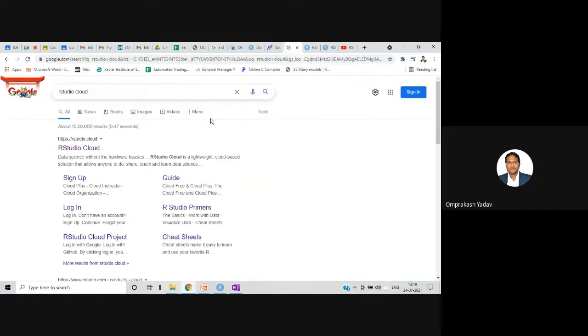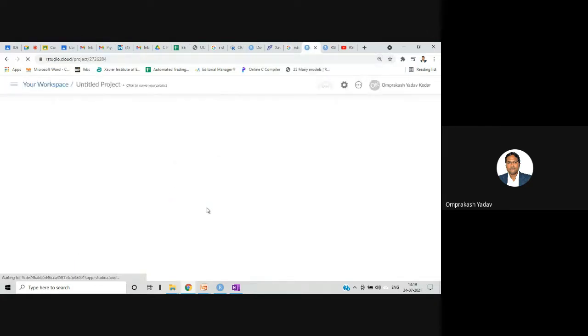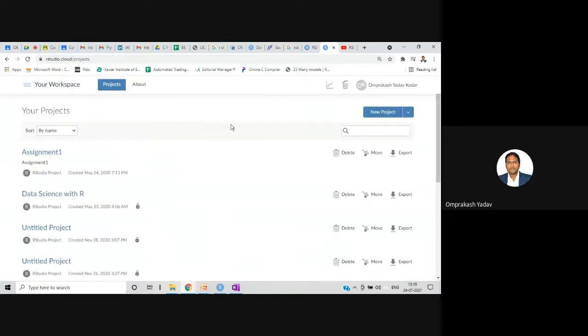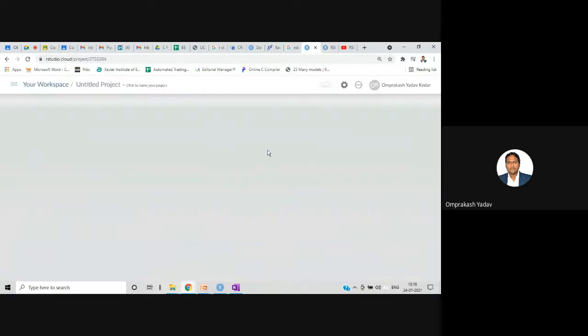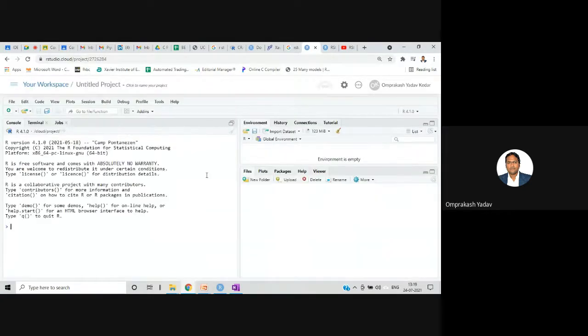Search on Google for R Studio Cloud, click on this link, and it will take you to the cloud page. Please log in with any of your Gmail accounts, and then it will open this page, and you can click on the new project, and it will create a new project. It will take some time initially, right? And this window will open. So all of you do along with me.